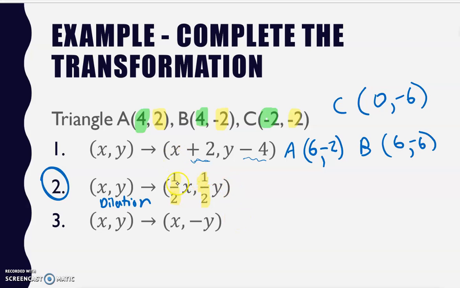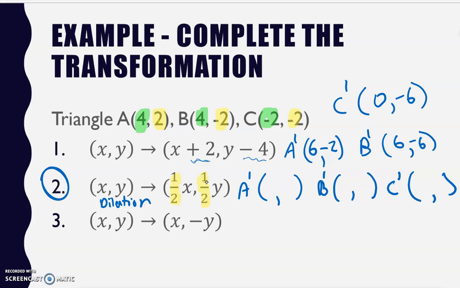So it's saying take every X and Y coordinate and multiply them by 1/2, which is the same thing as dividing by 2. So I'm going to write A coordinate, B coordinate, C. And you know what? I should be writing A prime, B prime, C prime. I forgot to do that on the first one because these are my new image coordinates. So 4, 2, 4 times 1/2 is 2. 2 times 1/2 is 1.